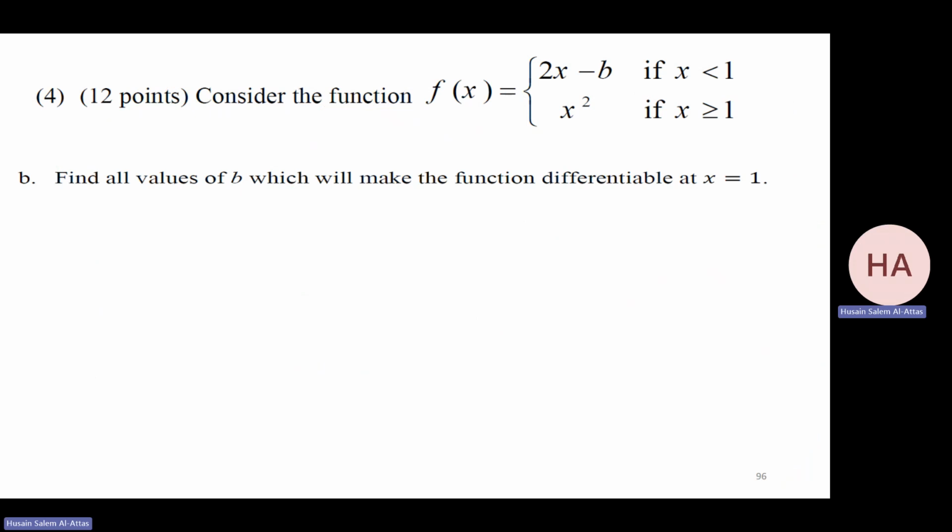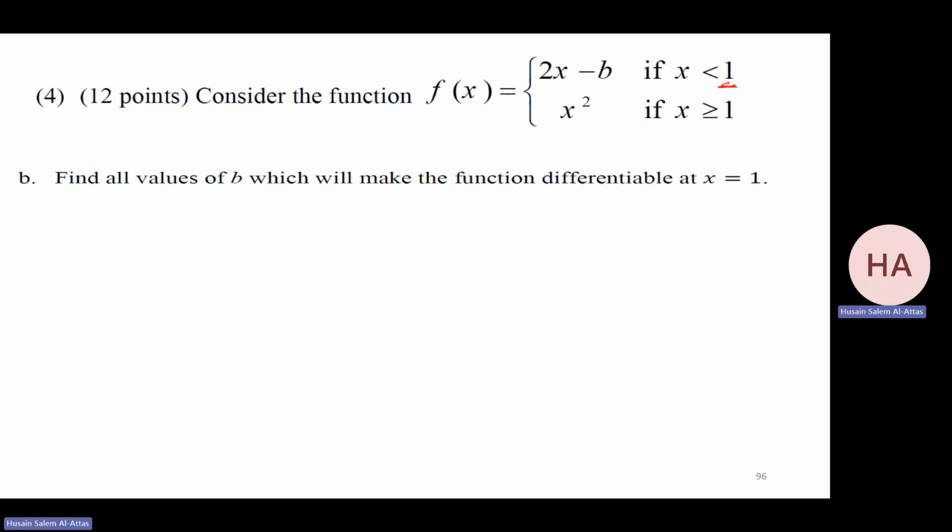Consider this function. Find all values of b which make the function differentiable at x equals 1. Okay. First, it should be what? Continuous. I'm not sure if the question is correct or not. Okay, let me check.